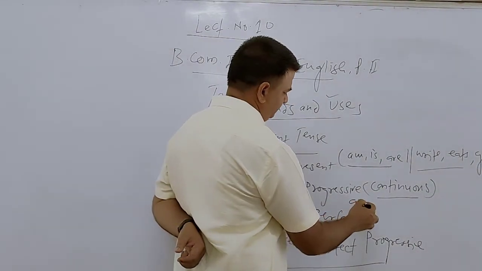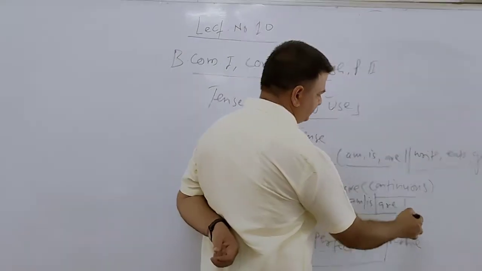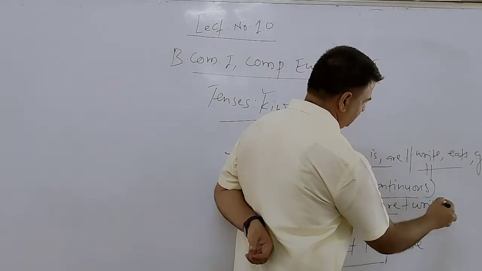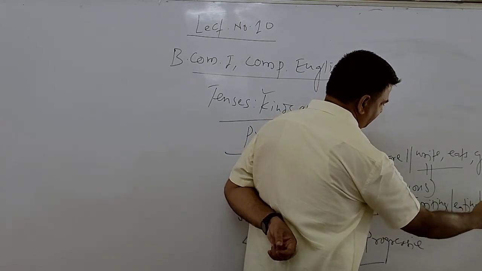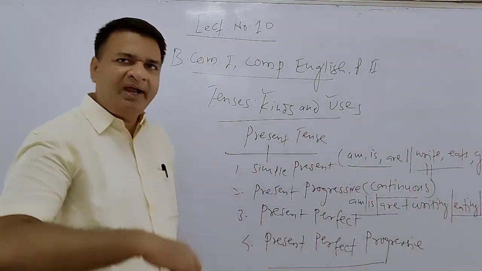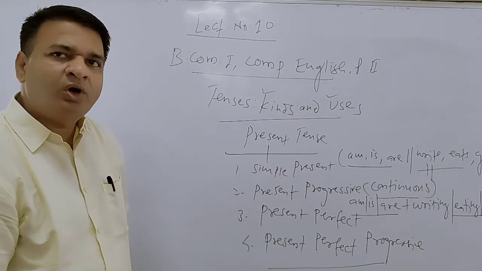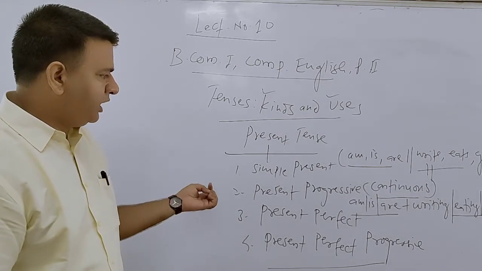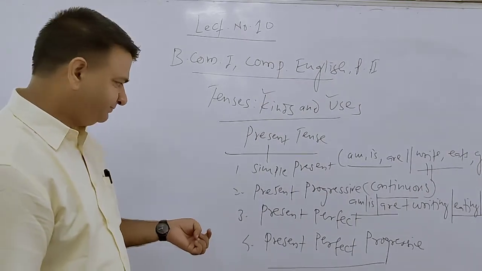We use am, is, are plus the fourth form of the verb, that is writing, eating, going. You have to keep in mind the rules, then only you will form small sentences, and you will get a clear cut idea about the tense and its respective kinds.